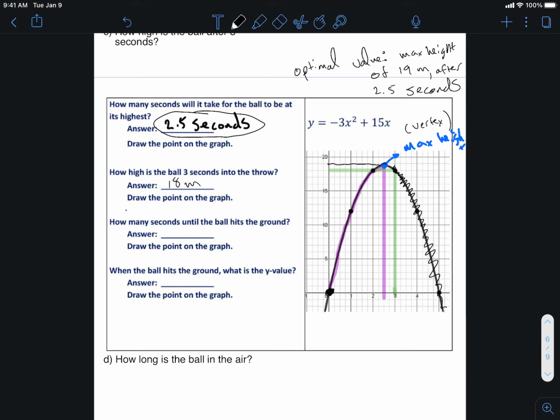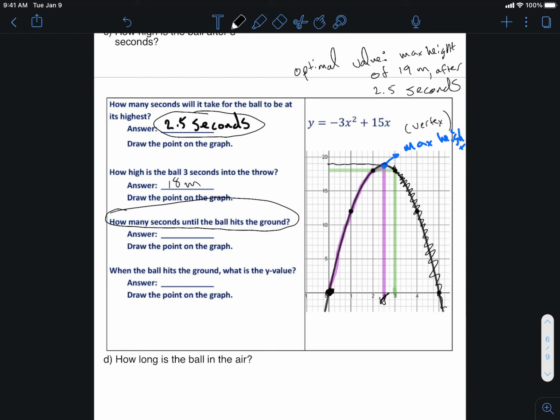So if I say, how many seconds until the ball hits the ground? Well, if it took 2.5 seconds to get to its maximum height, which is halfway, then it better take another 2.5 seconds for it to hit the ground.